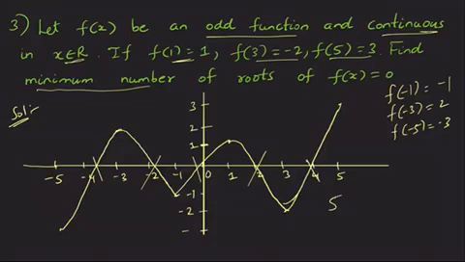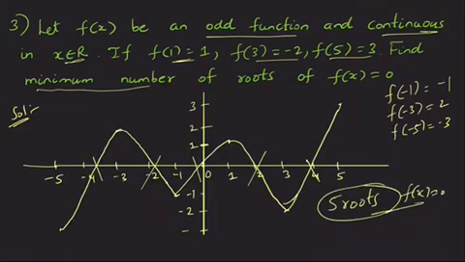So the equation f(x) equals 0 has at least 5 roots. It might have more roots, but we can't comment. We can comment that it has at least 5 roots. I hope this is clear.